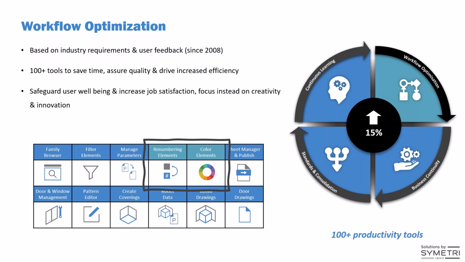We have over 100 tools that allow you to save time, assure quality, and drive an increase of efficiency. And one of our big goals is to safeguard everyone's well-being, increase your job satisfaction so that you can spend less time on these repetitive tasks and instead focus on different things like creativity and innovation.